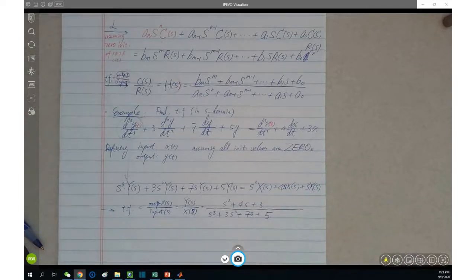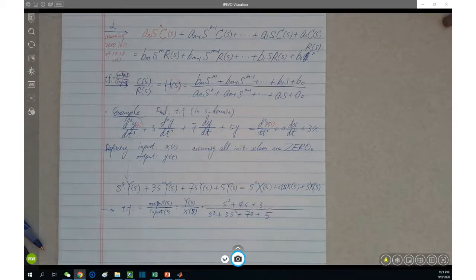Are there any questions, any concerns? Anything? All right, we can move on. Is that backwards? I had the numerator and denominator flipped. I have a question.